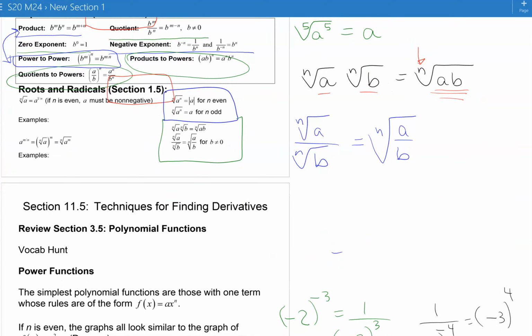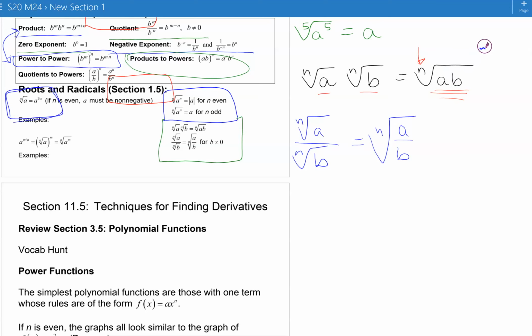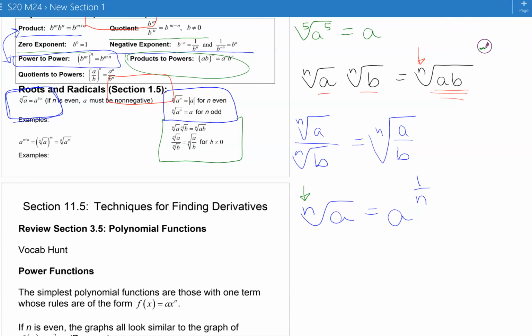let's remember how we can go back and forth between roots and radicals. So we're going to look at this property that says the nth root of a is a to the 1 over n. So notice that the n, the index of the root, it's what kind of root are you taking, and it's where you would expect to find roots in the fraction.